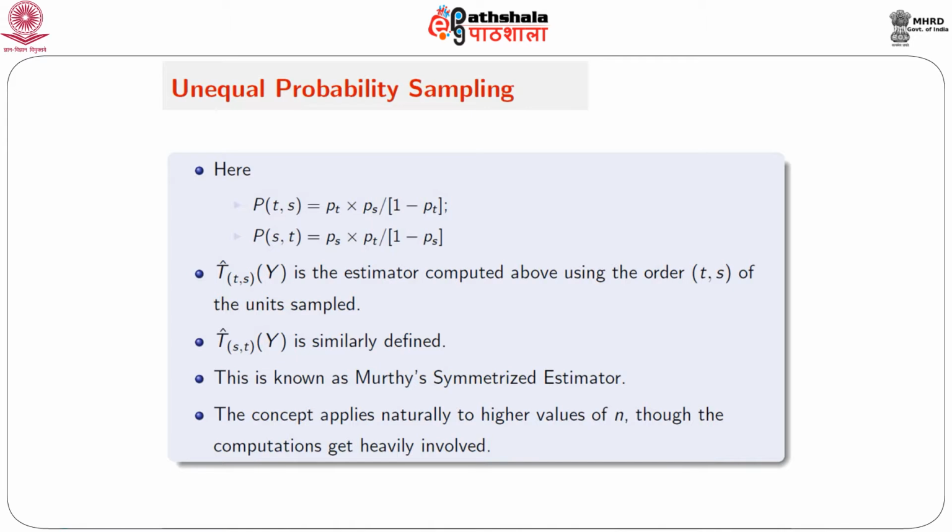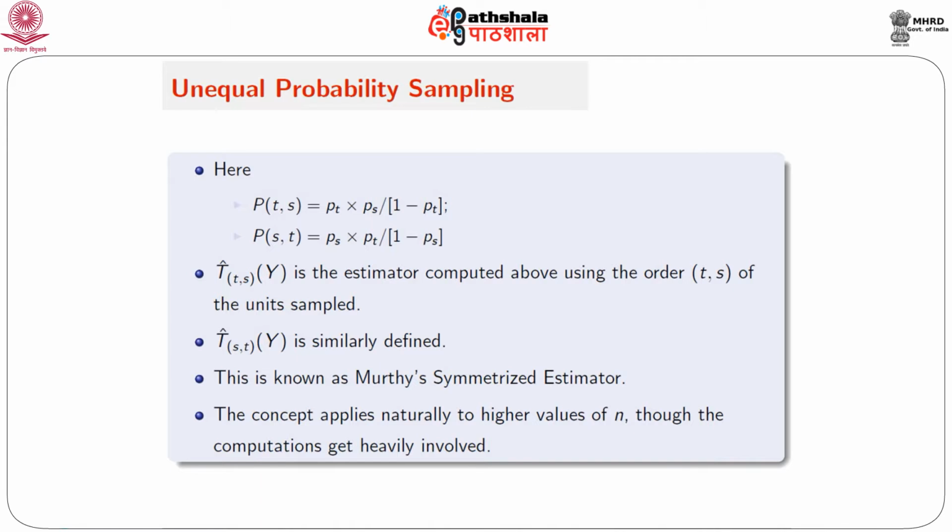And then you look to the reverse side. Imagine S came first and T came second, then your estimator would have been order dependent in the order S comma T, and the estimator would have been T hat of S comma T. You multiply that by the corresponding probability of the ordered sample S followed by T, and then you divide by PTS plus PST. In a way, you symmetrize your estimator.